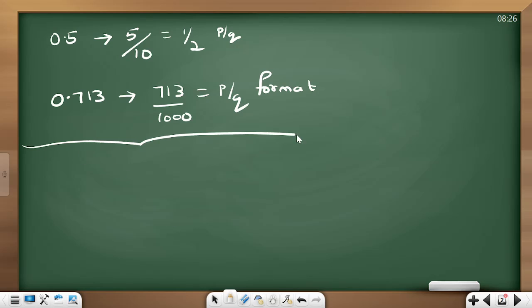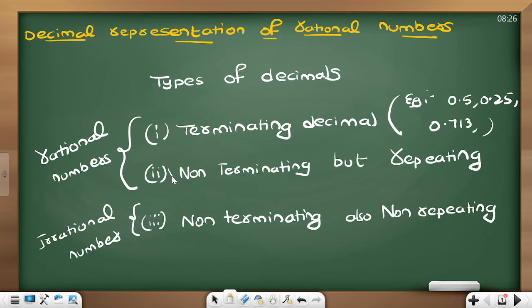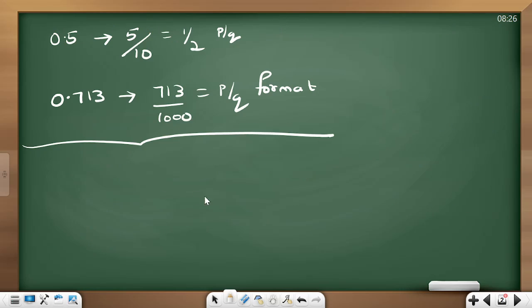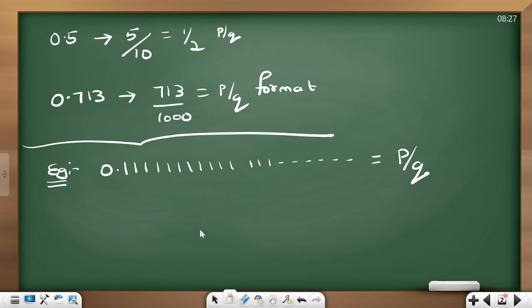Now the second category is non-terminating, meaning there is no stoppage. It will go on infinitely, but it's repeating. The example: 0.111111111 goes on. But the surprising thing is you can write this also in the format of P by Q. That's what we are going to learn right now.